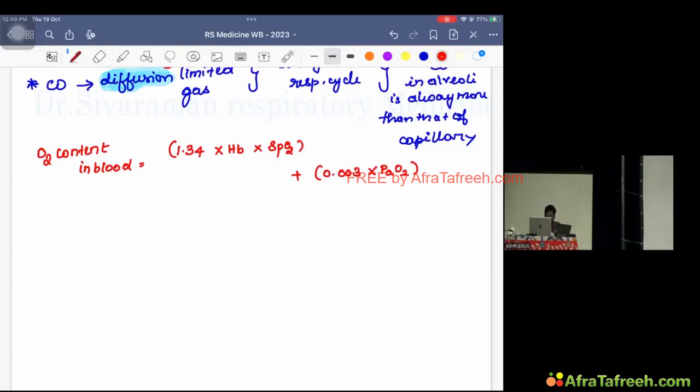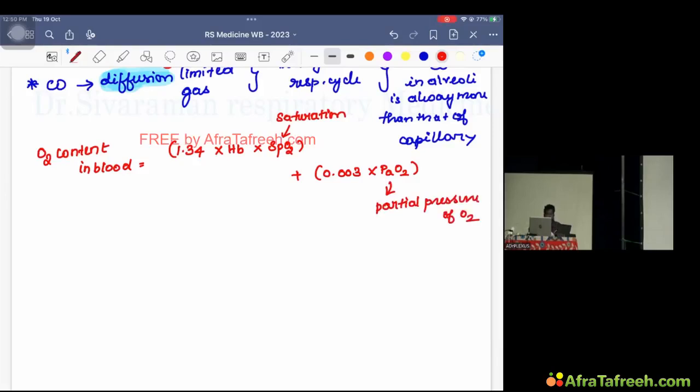So it is the formula where you have hemoglobin, saturation, and partial pressure of oxygen.